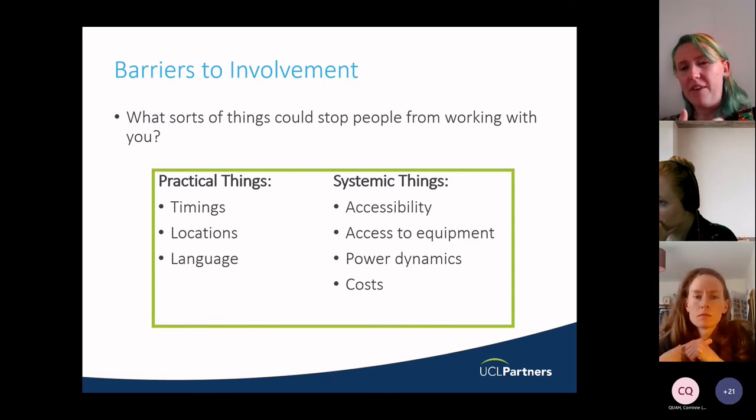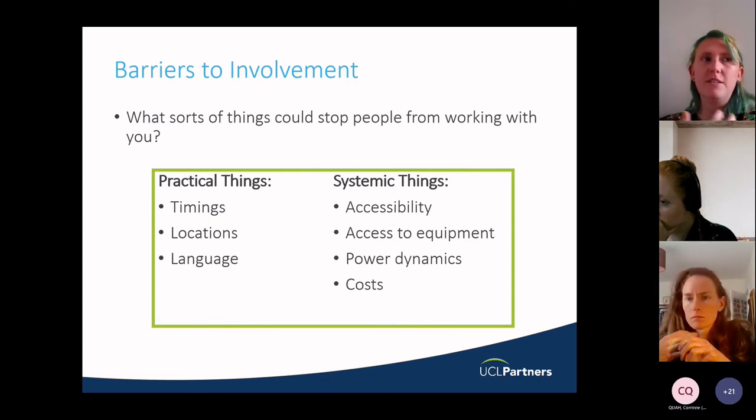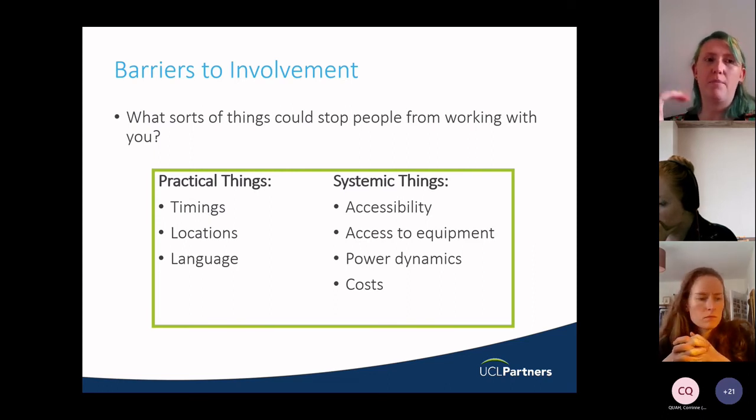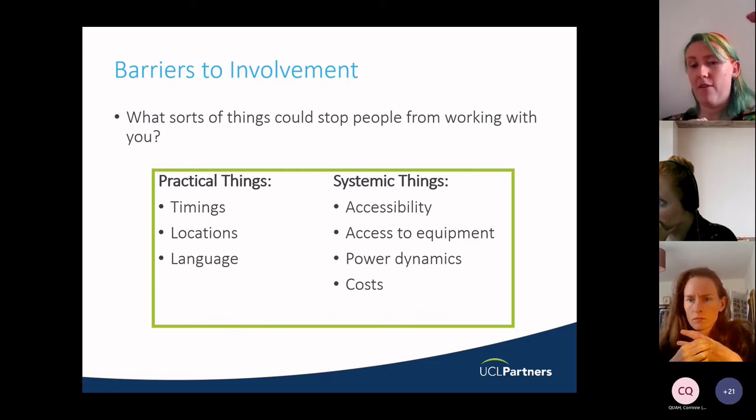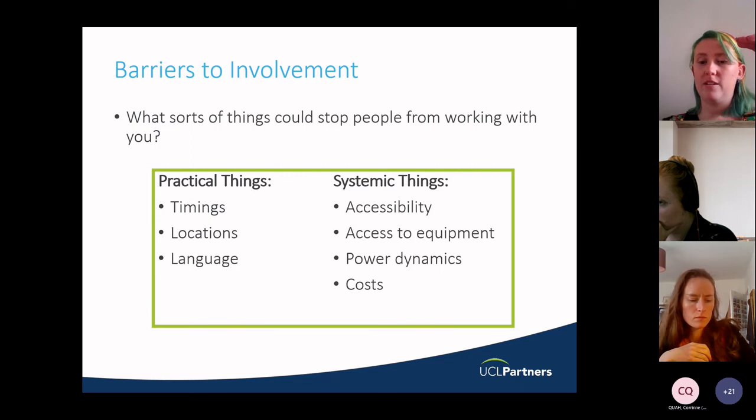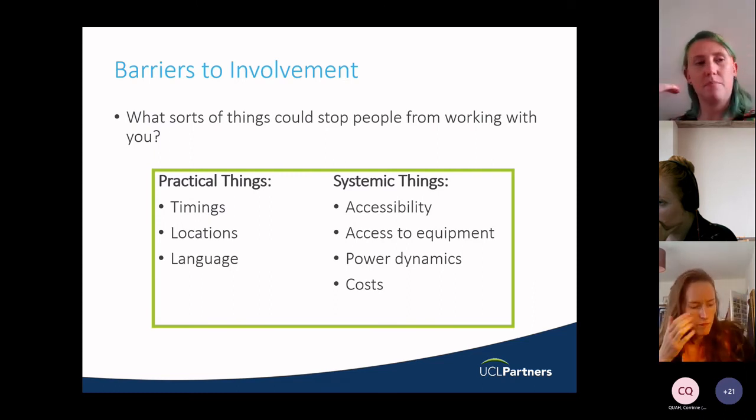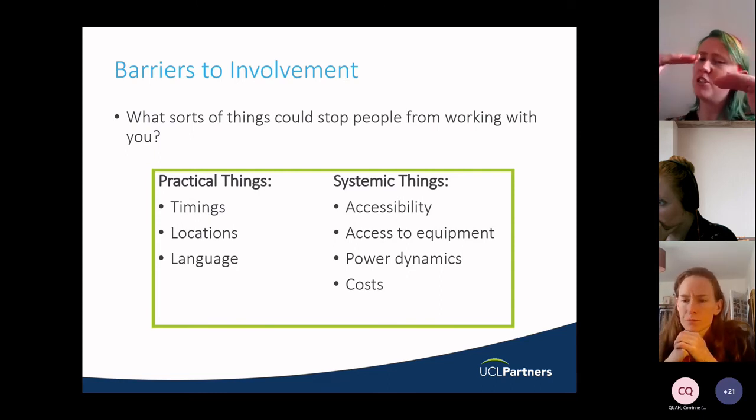Thinking about creating spaces where there aren't power dynamics. In health and care, there is automatically this weird power dynamic where people with the learned experience have more power in these spaces versus the people who have lived experience. So how do you create something that balances that?